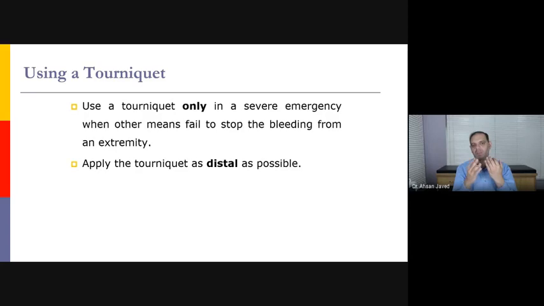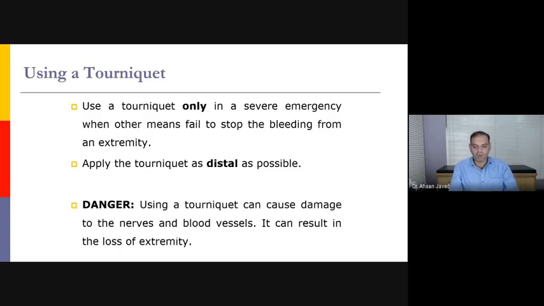So if the tourniquet is applied, it has to be removed within a certain duration, because if it is not removed, it may lead to tissue damage due to hypoxia and reduced blood supply. So you have to be very cautious, and the tourniquet should be applied as distal to the injury site as possible.